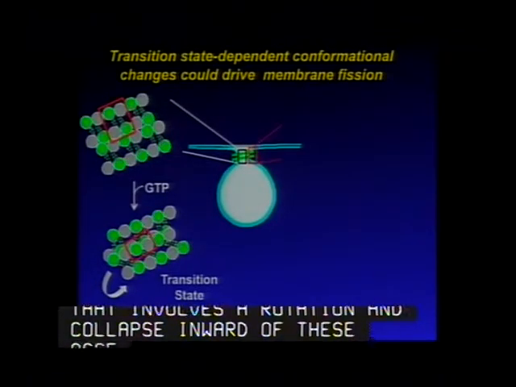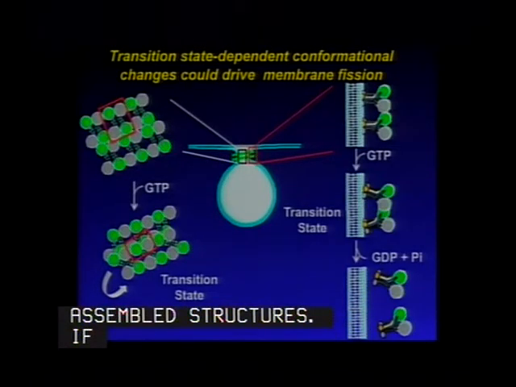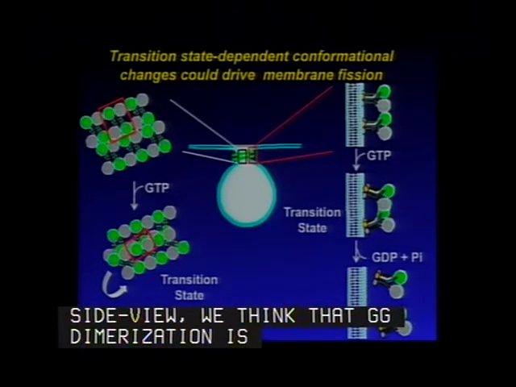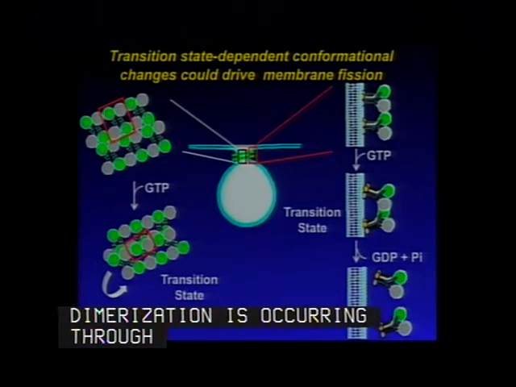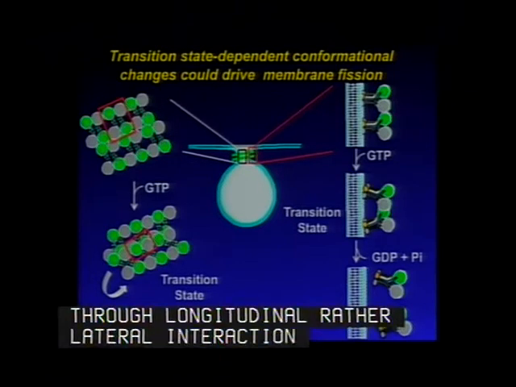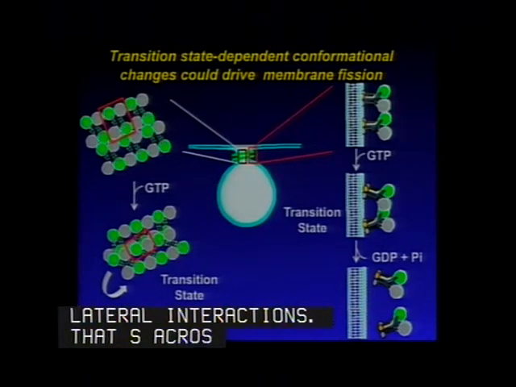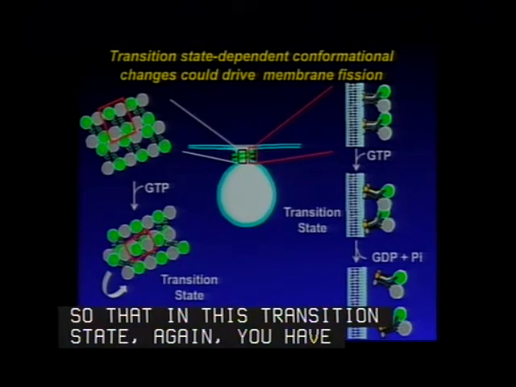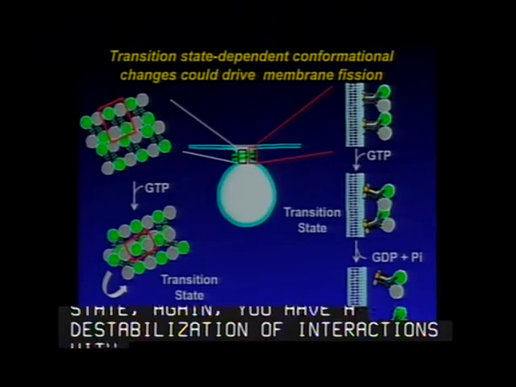If we look at the side view, we think that GG dimerization is occurring through longitudinal rather than lateral interactions, that is, across rungs of the spiral, so that in this transition state, again, you have a destabilization of interactions with the membrane and a release upon GTP hydrolysis.